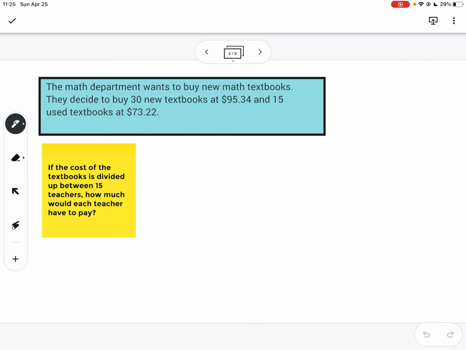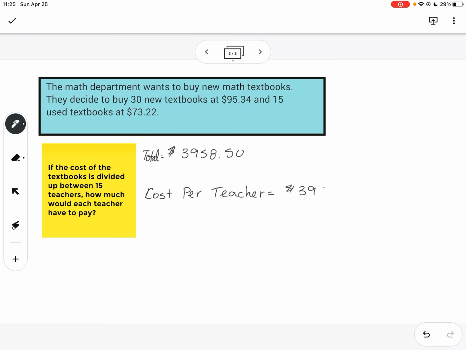Okay, what are we going to do next? If the cost of textbooks is divided up between 15 teachers, how much would each teacher have to pay? So let's take our total from before. So our total is $3,958.50. So now let's say that we're looking for our cost per teacher.